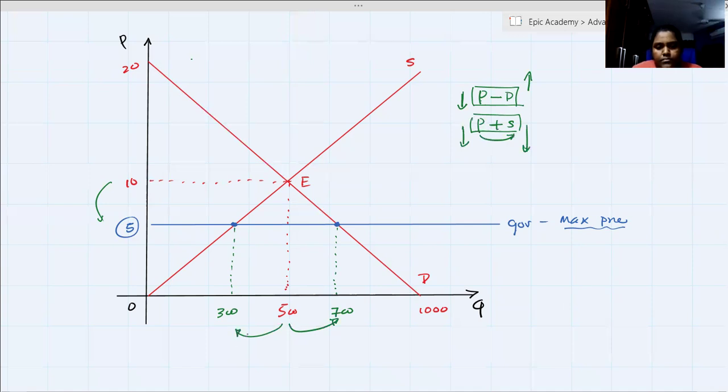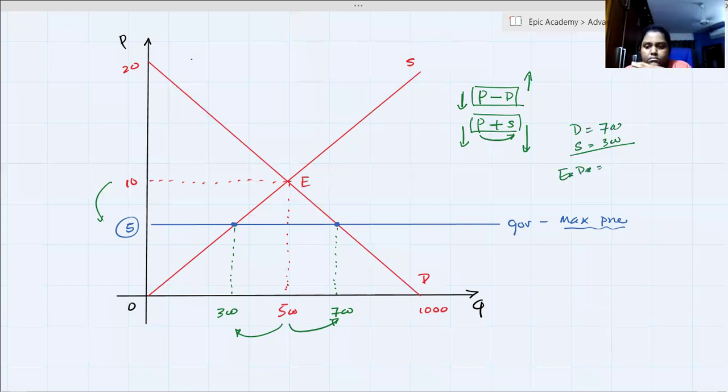There are no new activities here. We already identified those activities related to the market. Now you identify that the demand amount is 700 and the supply amount is 300, so there must be a problem here. What problem? Excess demand.